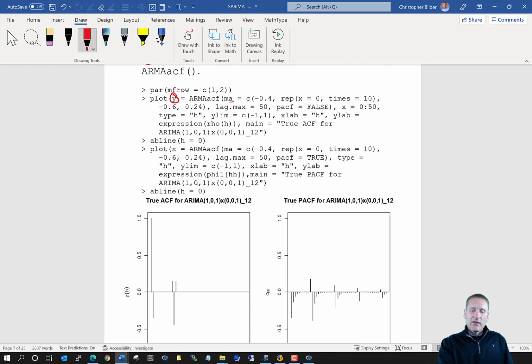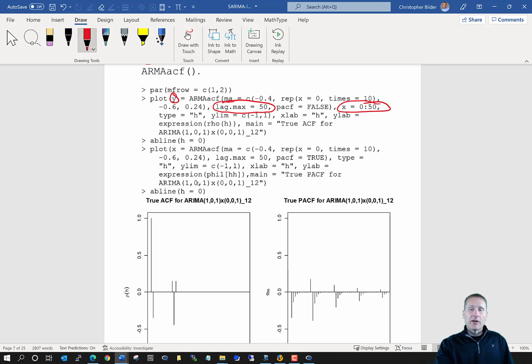Since I have seasonal data, I'm going to increase the lag that I'm going to look at to lag.max equal to 50, because if I have a season of 12, I'm going to be very interested in, let's say, lag 12, lag 24, lag 36, lag 48. And I want to see the pattern that occurs across those higher lags than what we had previously needed.